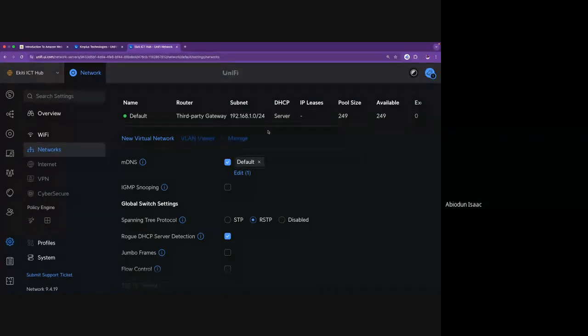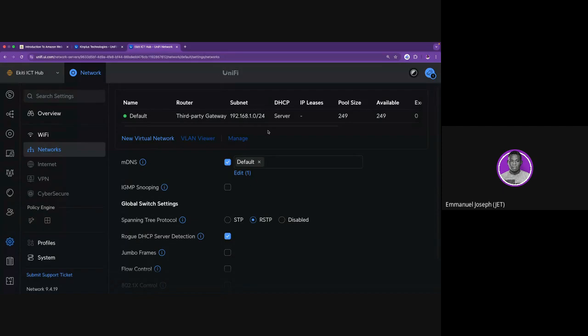In those 32 bits, it is 8 bits per octet. And since it is 8 bits, if you have 8 plus 8 plus 8, that gives you 24. So this /24 is the number of bits in the subnet mask configuration.